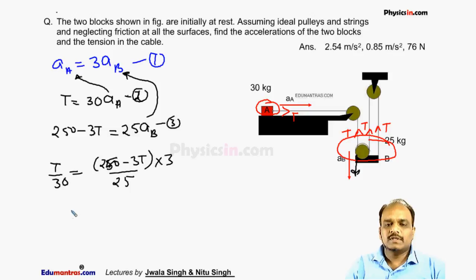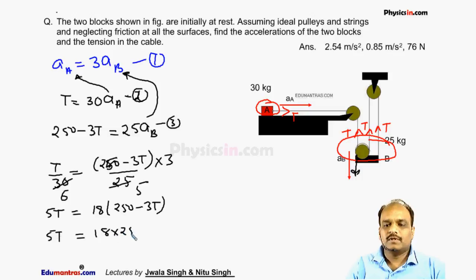So from here we can say 5T is equal to 18 into (250 minus 3T), or 5T is equal to 18 into 250 minus 18 into 3T.